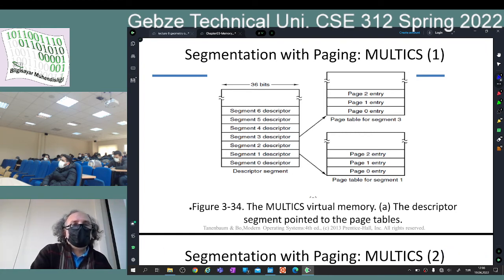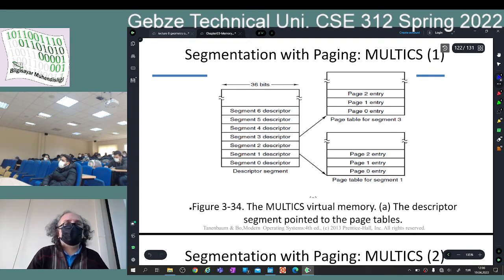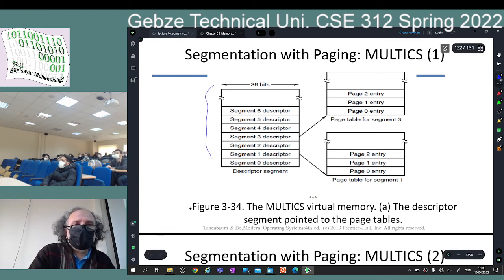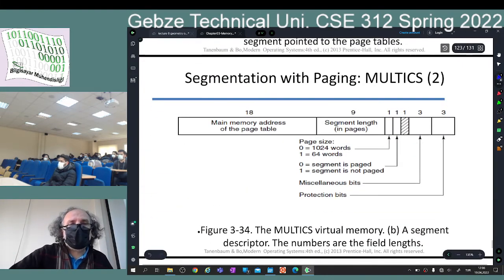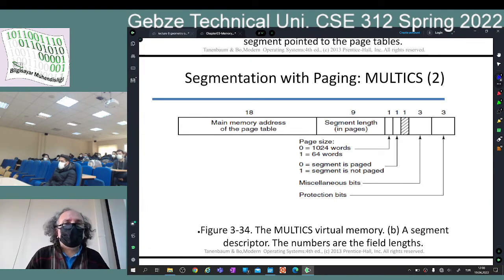The size of the segment descriptor is just 36 bits, and each process has this segment descriptor table, and you can have as many segments as you like. Remember, for our compiler program, we had 4 or 5 segments, I guess. Let's look at each of these segment descriptors. The first 18 bits is the main memory address of the page table.